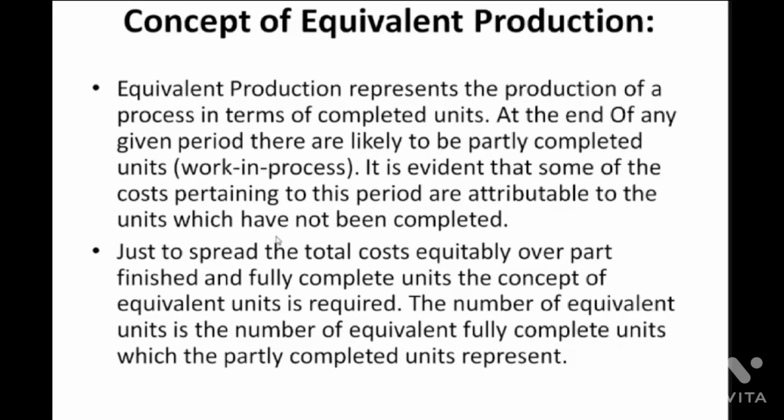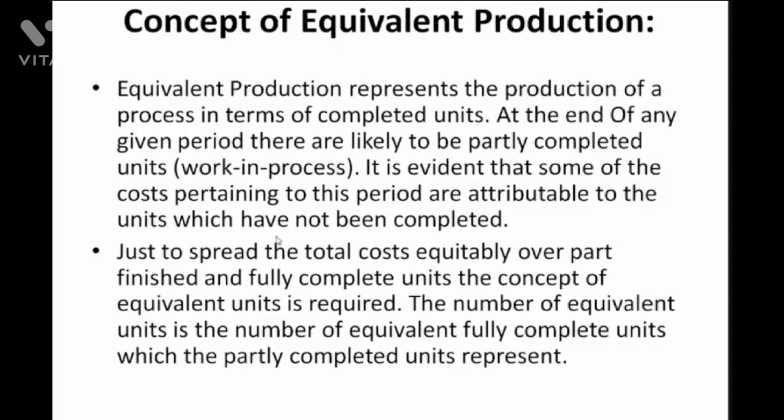At the end of any given period, there are likely to be partly completed or work in process units, and some of the cost pertaining to this period is attributable, that means chargeable, to the units which have not been completed. So to spread the total cost equitably over part-finished and fully completed units, the concept of equivalent unit is required.